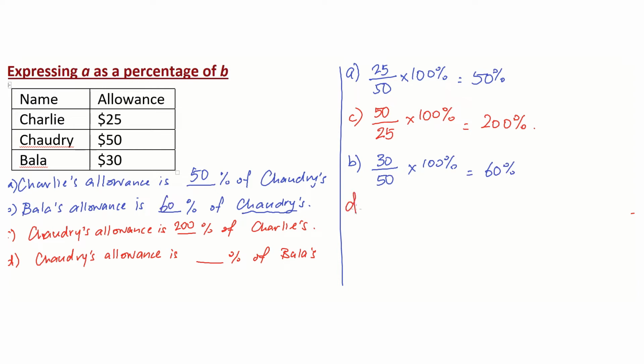Last but not least, Chowdhury's allowance as a percentage of Bala's. That means to say Bala's allowance will be in the denominator, Chowdhury's will be in the numerator. Multiply by 100%, key this quickly into your calculator, and you should get 166 and 2/3%.